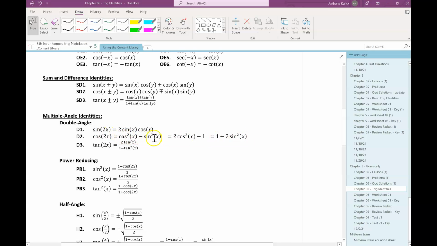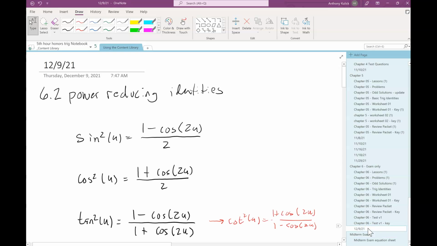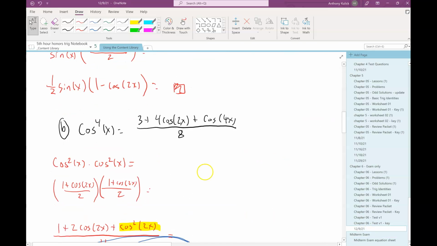I have 3 choices. Of these 3 choices, which one is going to be the best one for me in order to solve this? There is a best answer here. Mia? The last one, exactly. Why? Right, because it has only sine x's in it.